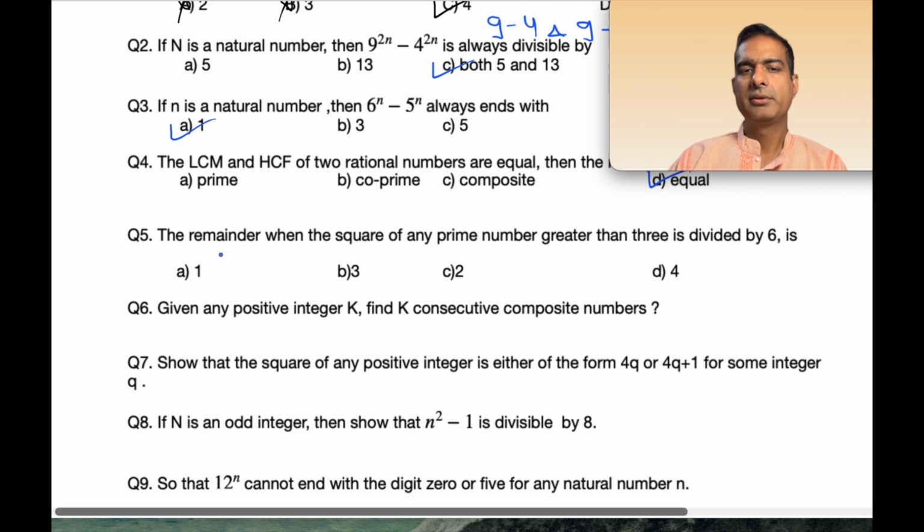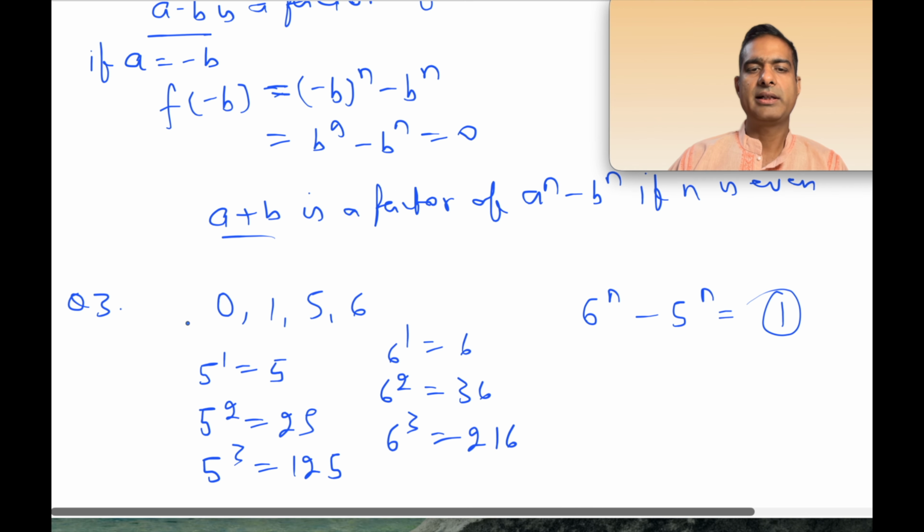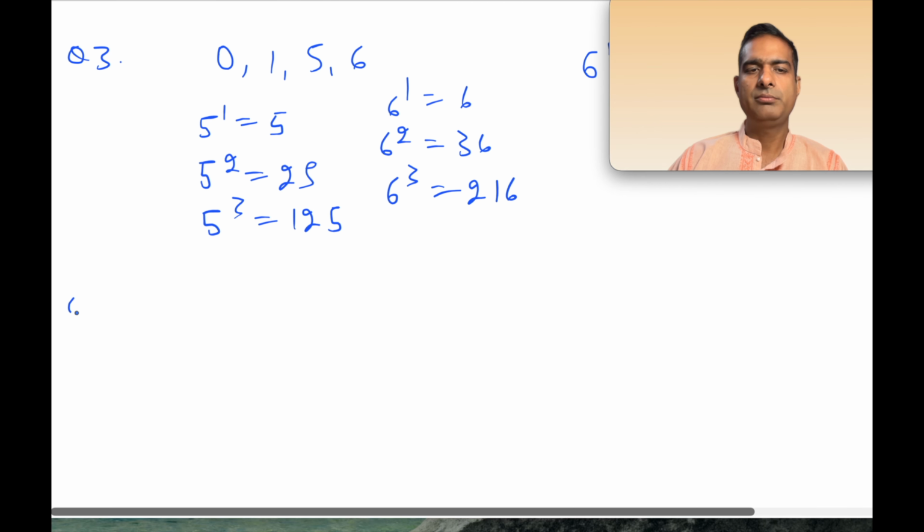Question number 5. The remainder when the square of any prime number greater than 3 is divided by 6. So let us try to understand this problem. For this, let us note down some prime numbers which are greater than 3.